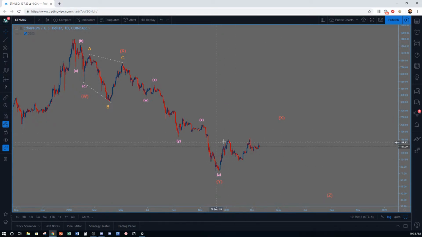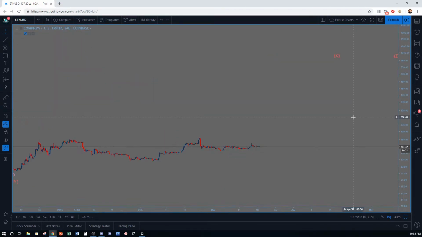Essentially, we're going to count this the same either way. We're not really going to take that too much into consideration at this time, and we will put the X and Z aside and get down into counting this lower section here. So let's go to a 4-hour chart.